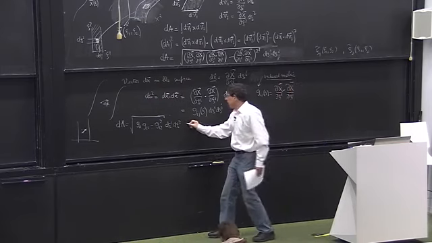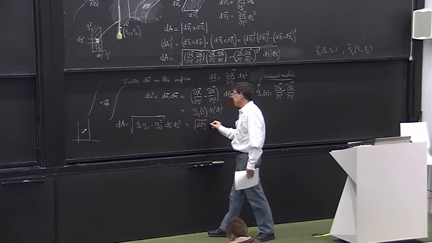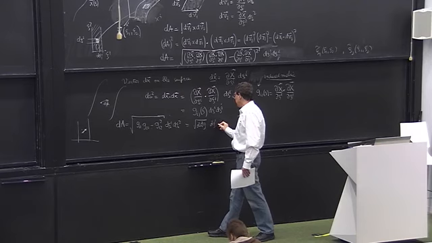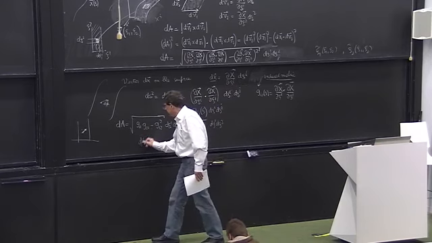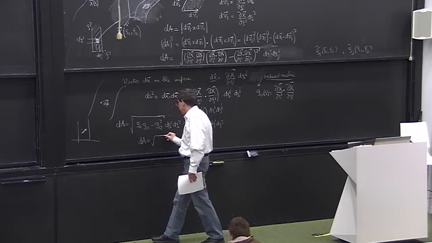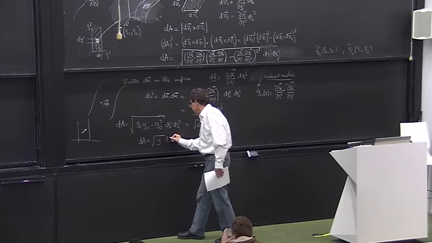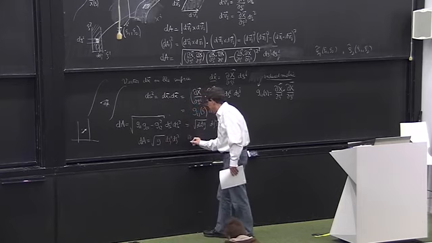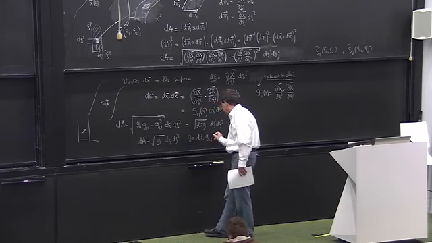So this is nothing else but the square root of the determinant of G times d psi 1, d psi 2. And the area is therefore written as square root of G, like this, d psi 1, d psi 2. And G is, by definition, the determinant of Gij of psi.